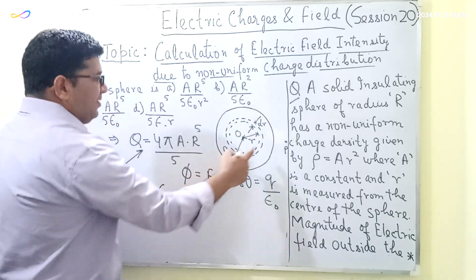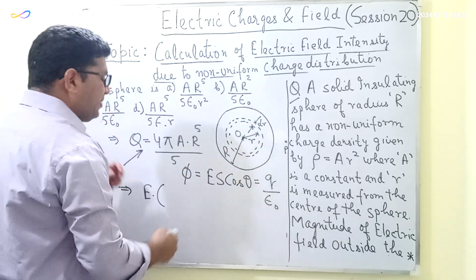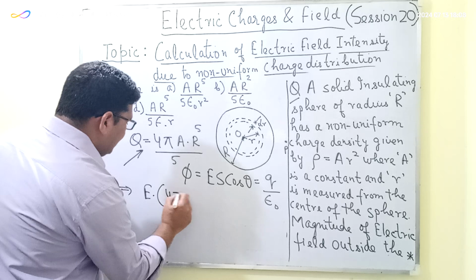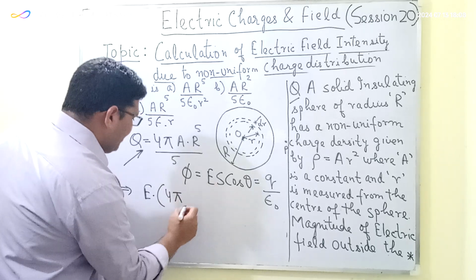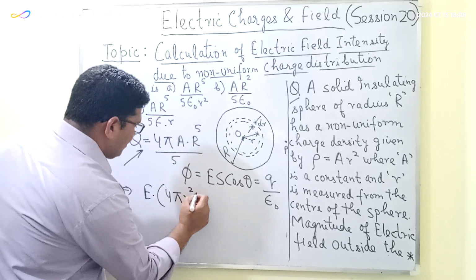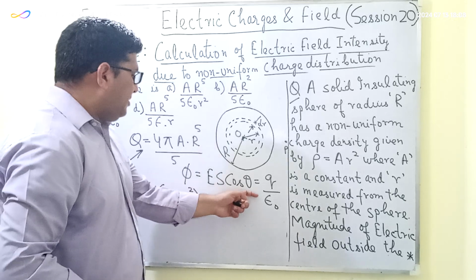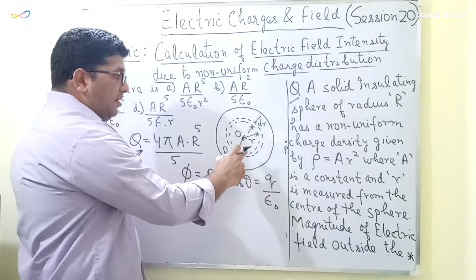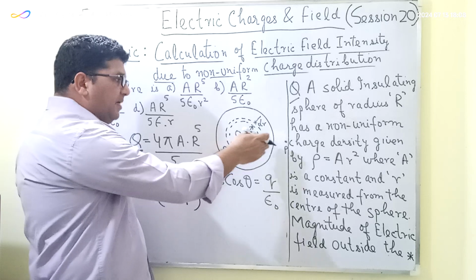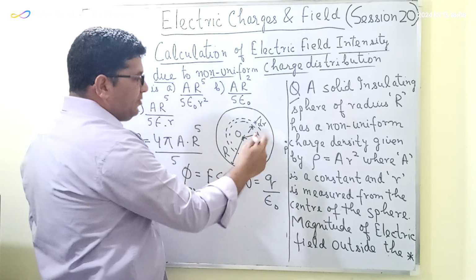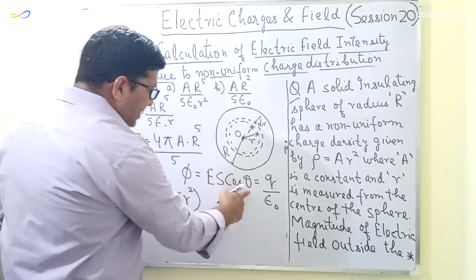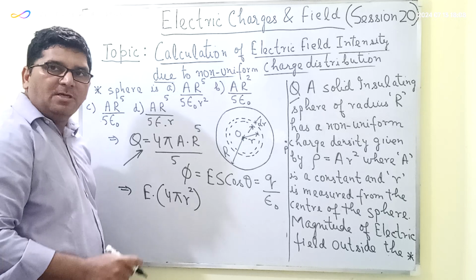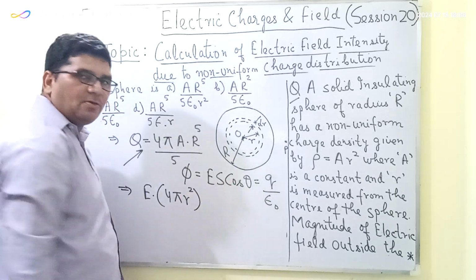So in this case, if I say that this point P is located at a distance r, then I can write this surface area as 4 pi r square, and this theta is the angle between the direction of the electric field and the normal to the surface. So here the value of theta will be equal to 0, so cos 0 will be equal to 1.